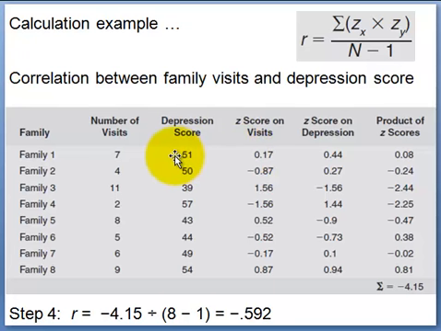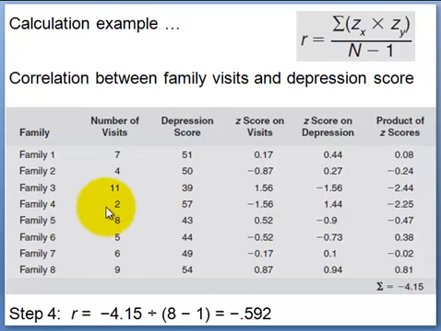And then also let's look at depression, and it's the case that their score was slightly above the mean for depression. And in the rightmost column, we have the product of the two z-scores. So we multiply the z-score on x times the z-score on y, and we calculate the product of those z-scores.